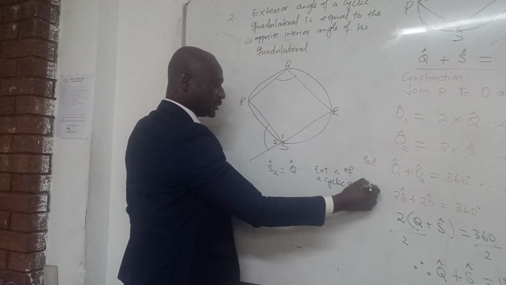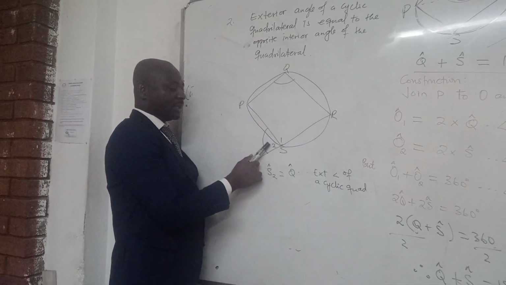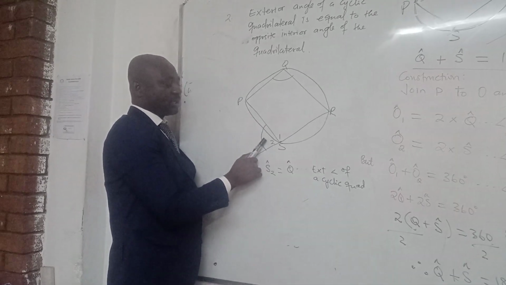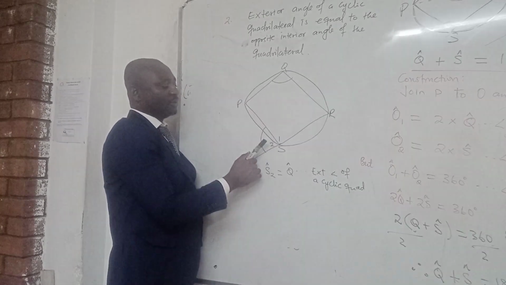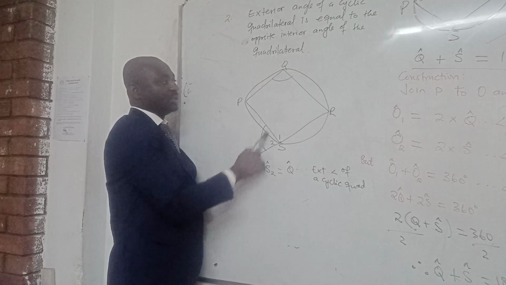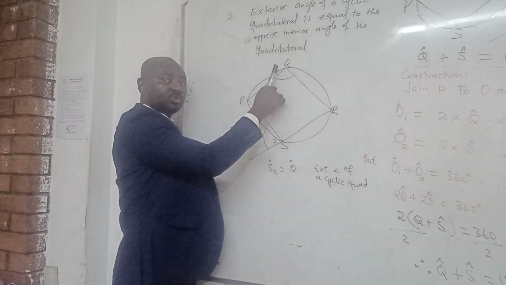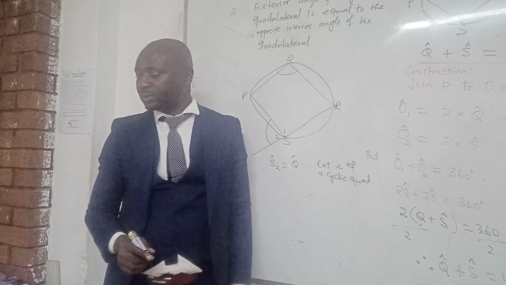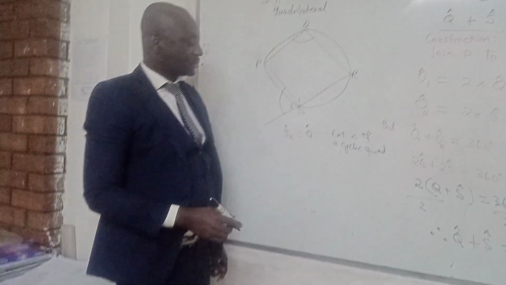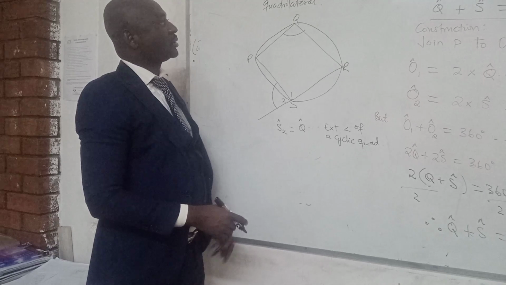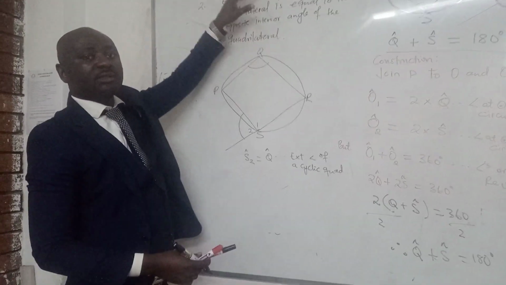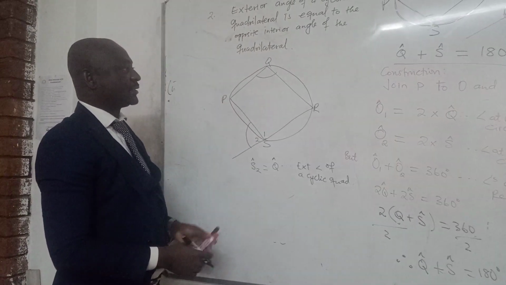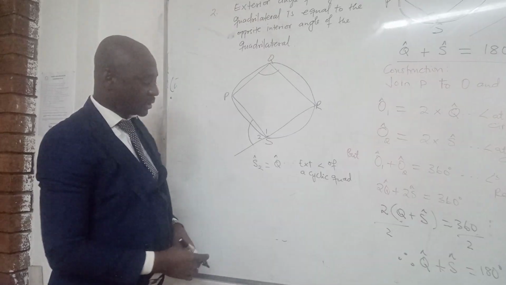That's how you answer it. So if the value here is 100, inside the quadrilateral Q is also 100 because they are equal. Exterior angle of a cyclic quad. So if they give you a cyclic quadrilateral diagram, check for these 3 reasons and see which one exists for that question.